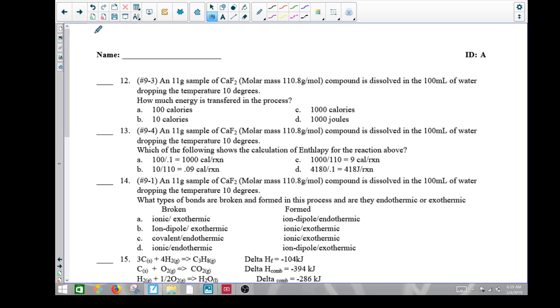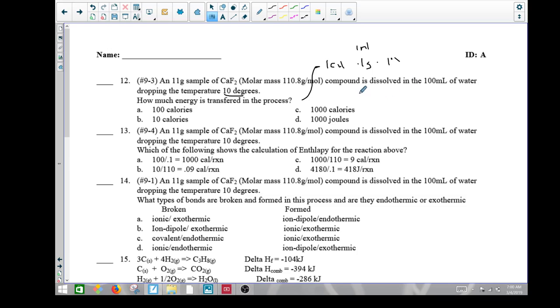Next. Alright, same thing. Now again, how many calories are transferred in this process? Well, first things first, dropping 10 degrees. The definition of a calorie is what they're going off of here: it takes 1 calorie for every 1 gram of water, or milliliter, assuming density is 1, to change it 1 degree Celsius.